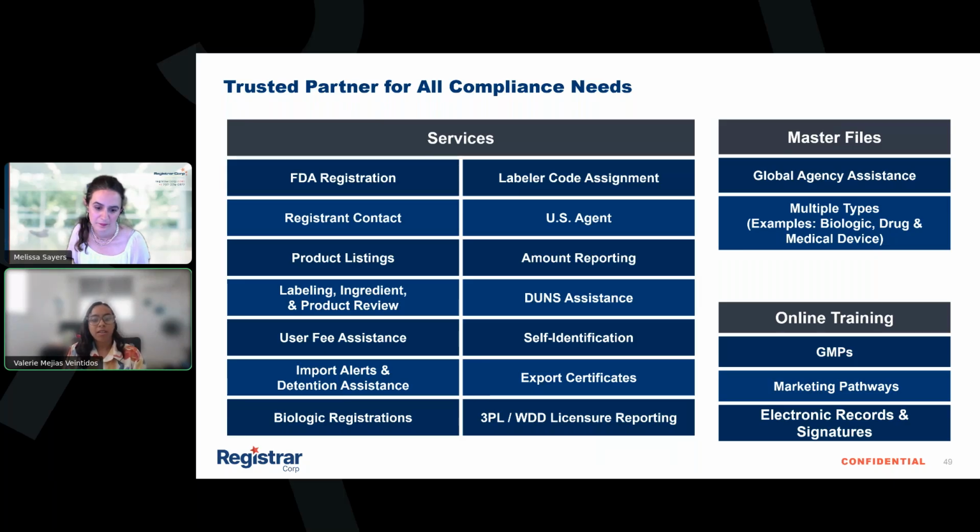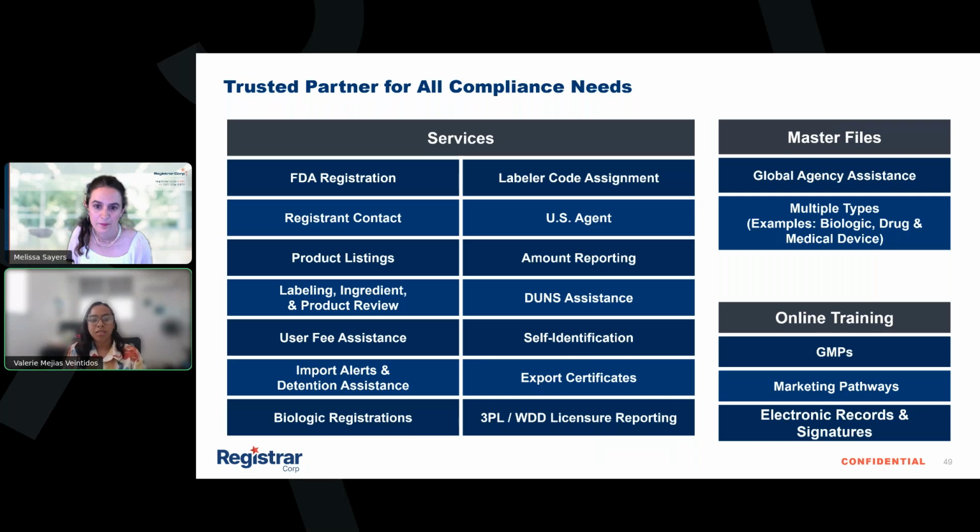We manage product listings and assist with amount reporting to the FDA, ensuring that all necessary information is accurately submitted. We also offer DUNS assistance, helping companies obtain and manage their DUNS numbers, which are essential for FDA registrations. Our team supports the self-identification process required by the FDA and helps companies obtain export certificates for their products.